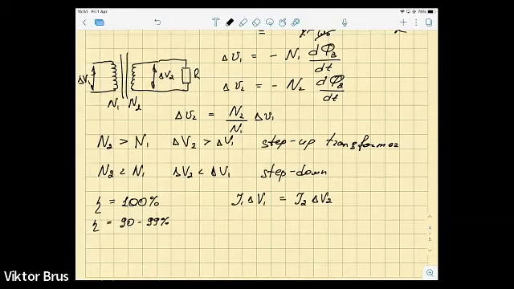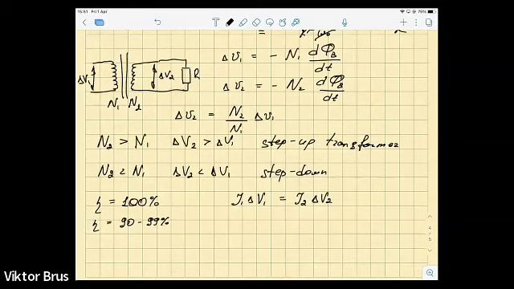Overall, they dissipate some percent of electrical energy. However, this performance is quite high, and transformers are widely used in electric power systems because of the great importance of having very different voltages in different parts of the electric power system.